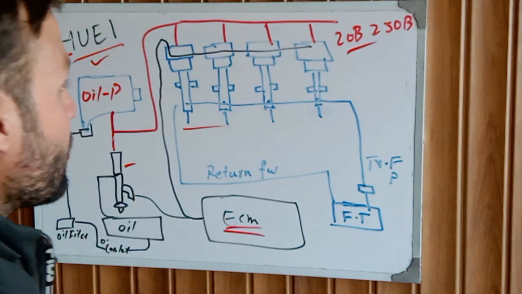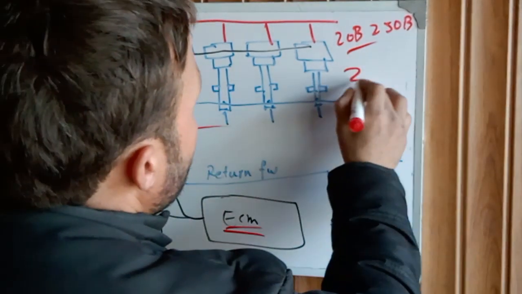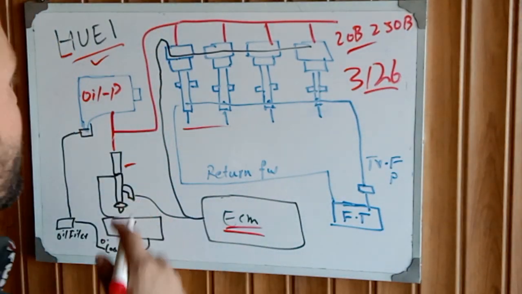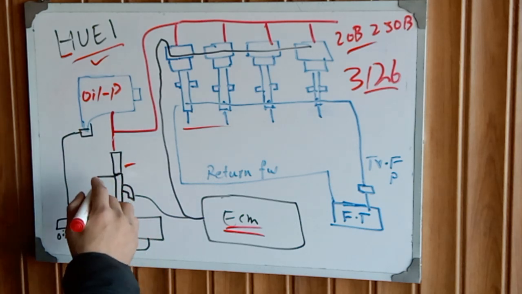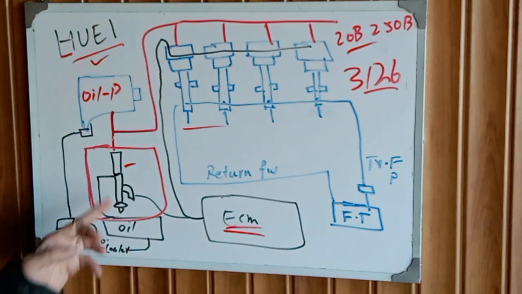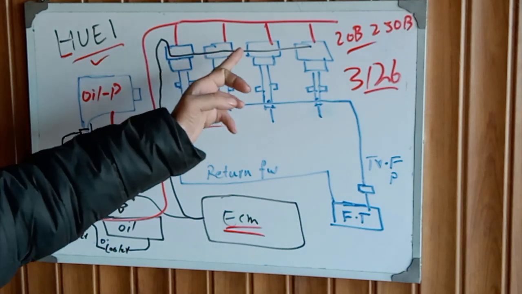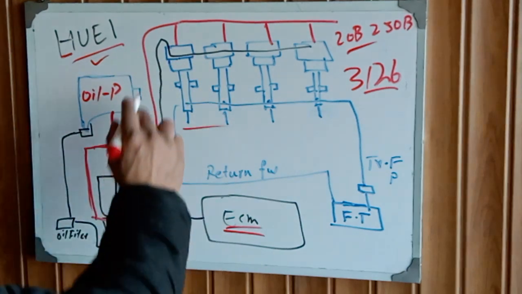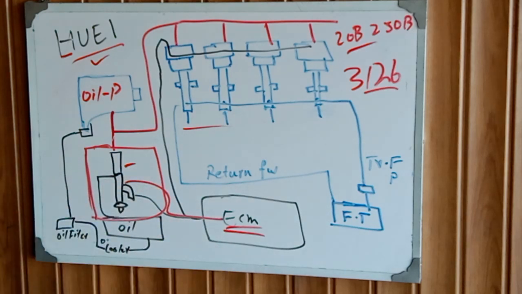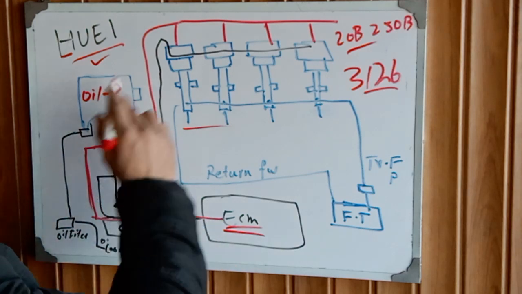Now, if this engine is cranking and not starting, like a Caterpillar 3126 model with the HEUI system, most of the time the problem is this oil pressure regulator. If we do not have oil pressure in the injection system, it's not sending a signal to the ECM. The ECM does not know to fire the injection.